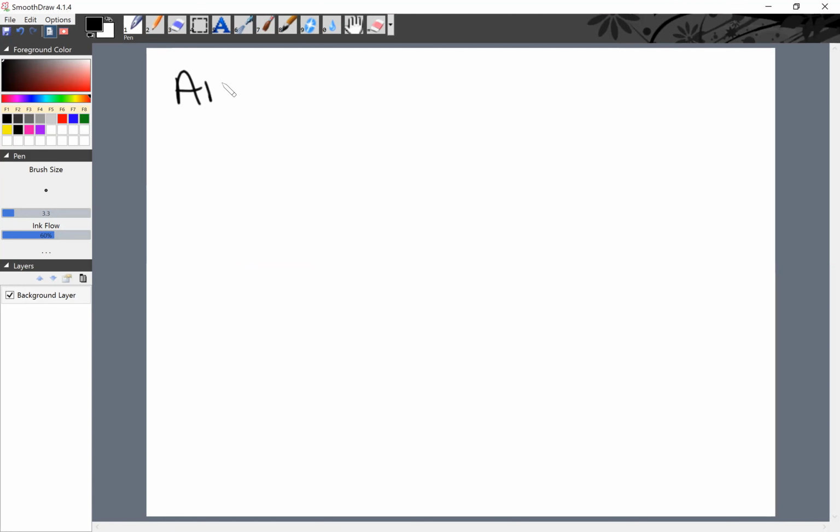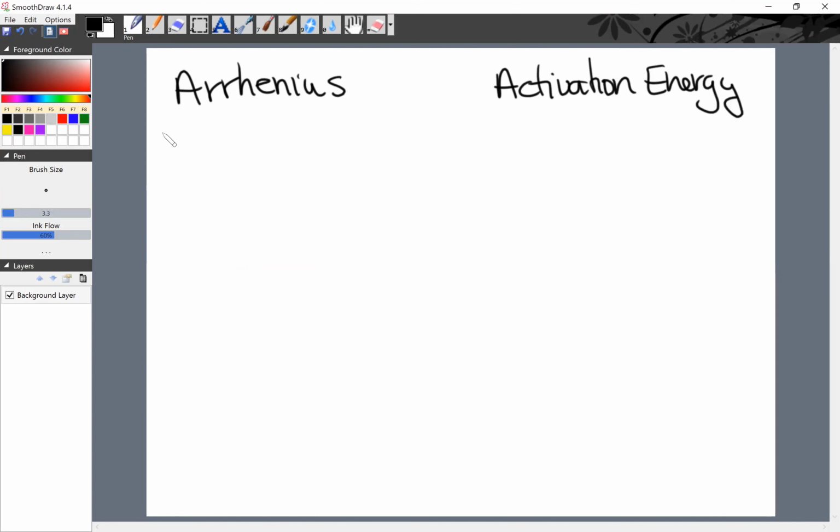Just a little summary. Arrhenius activation energy. The whole purpose. The Arrhenius equation. And remember, the activation energy came from k is equal to A e to the negative Ea over RT.